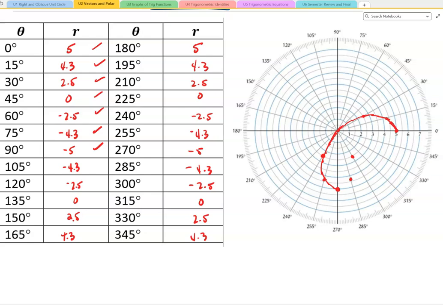Then 0. Interesting. And now at 150, I've got a 2.5. So if I face 150, I'm at 2.5. Okay. And at 165, I'm back to 4.3.